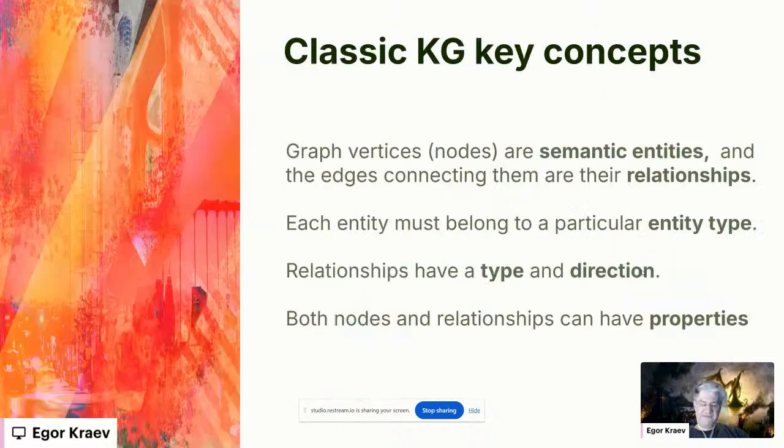The graph vertices there are semantic entities like people or microservices or whatever it is that you care about, contracts. And the edges are their relationships. Each entity must have a specific entity type, such as person or software or whatever it is. And the relationships have a type and a direction.